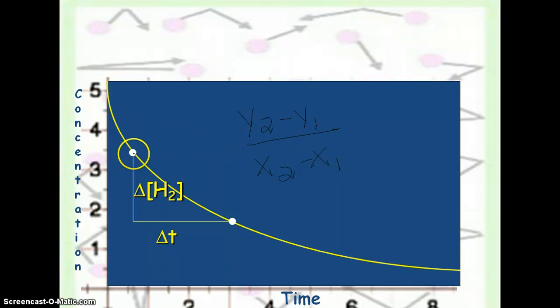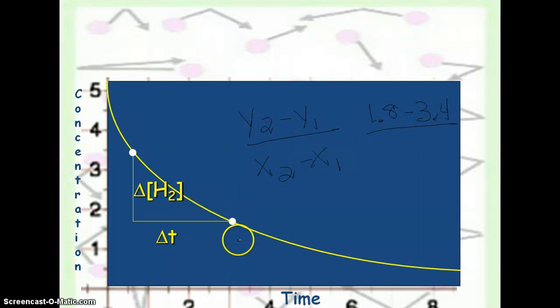Okay, so in this situation, y2 would be, let's see, probably about, say, 1.8. So 1.8 minus y1, say about 3.4, over x2 minus x1.